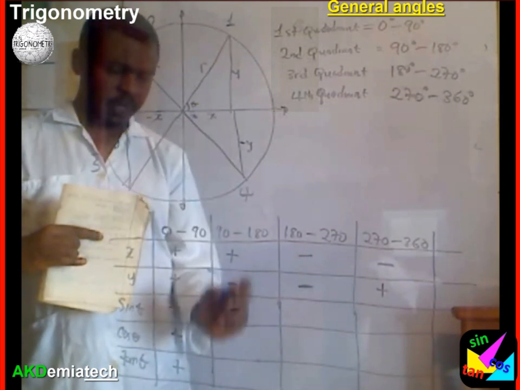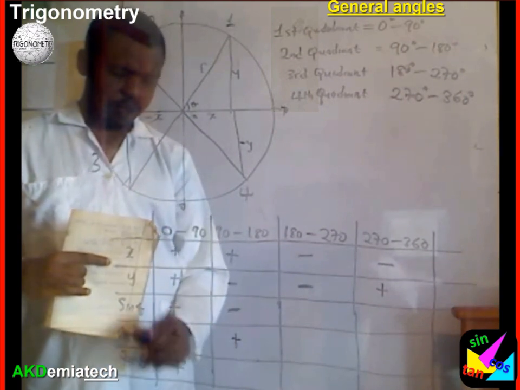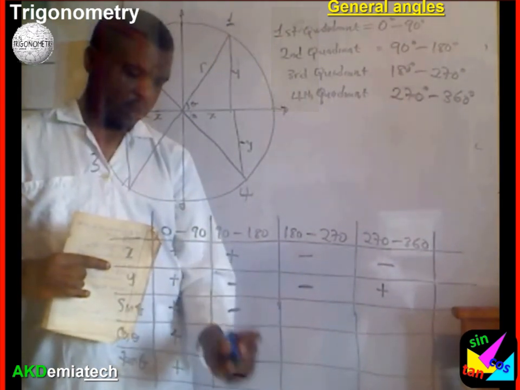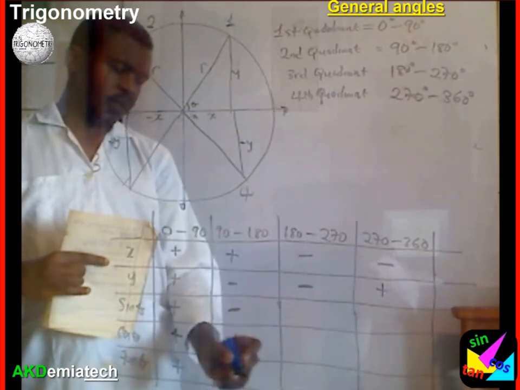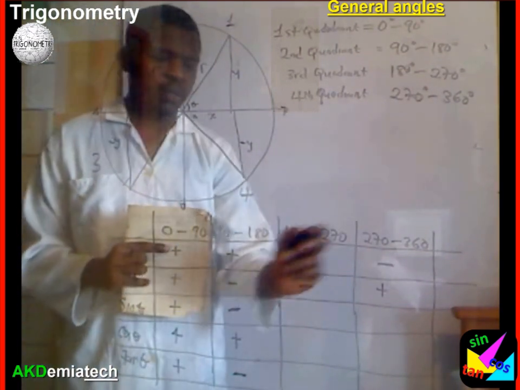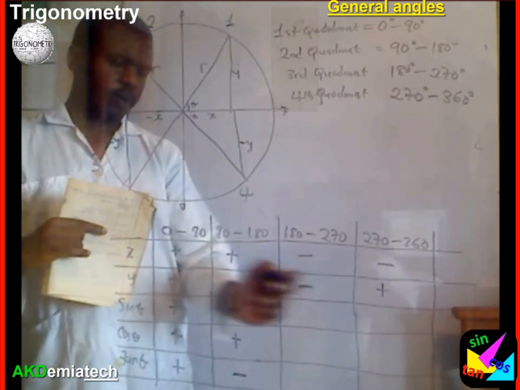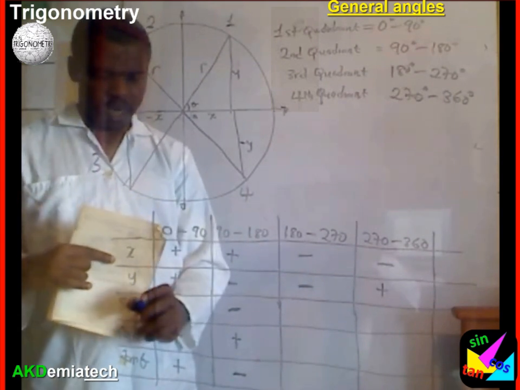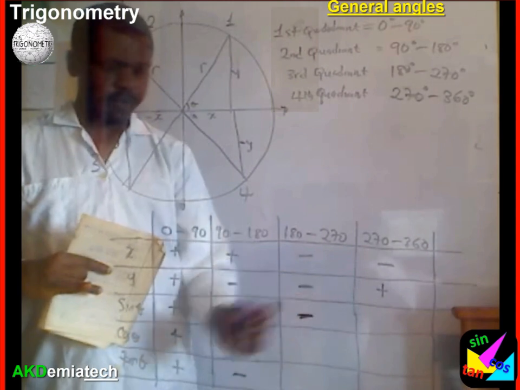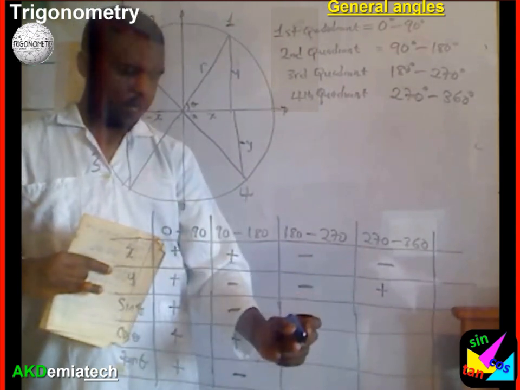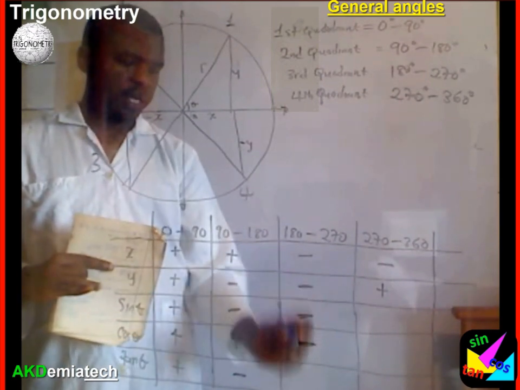X is positive, so this will be positive. What is tan theta? Sine theta divided by cos theta gives us negative divided by positive, which gives us negative. Let's go now to the third quadrant. The values of x and y are negative. Then sine theta will be negative, cos theta will be negative, tan theta: negative divided by negative gives us positive.